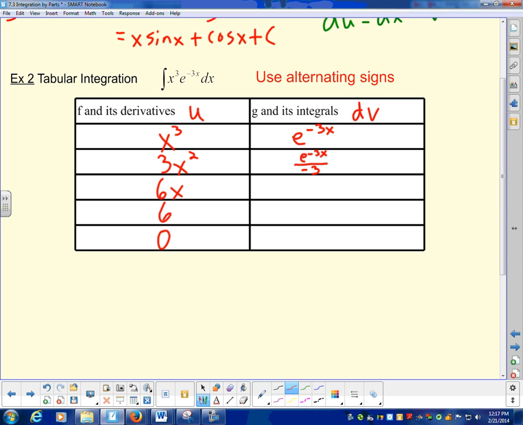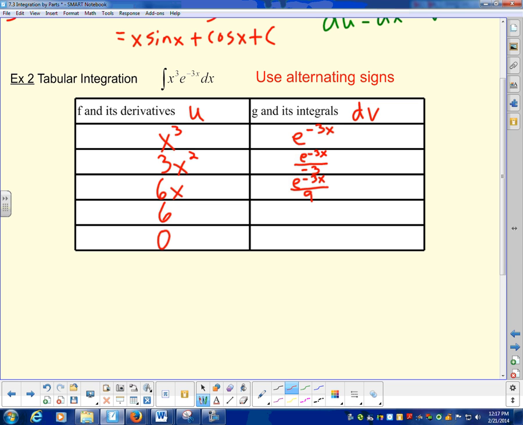What's the next integral going to be? E to the negative 3x divided by positive 9. Good. Because I'm going to match it, and then divide by negative 3, making this bottom positive 9.